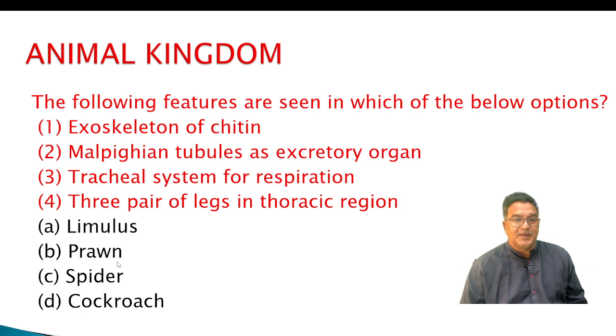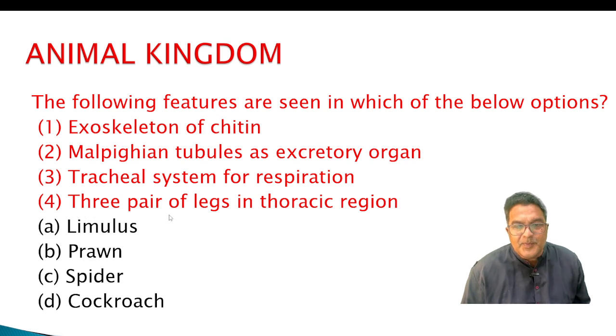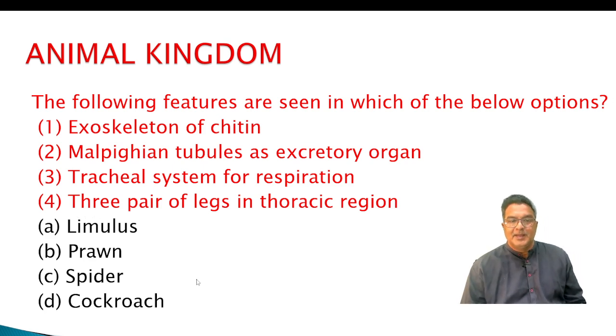Prawn, gills for respiration. Spider, a little bit of chance. So let's see once again: exoskeleton of chitin, Malpighian tubules as excretory organ, tracheal system for respiration. Three pairs of legs in thoracic region is the exclusive feature of cockroach. There are four pairs in spider.